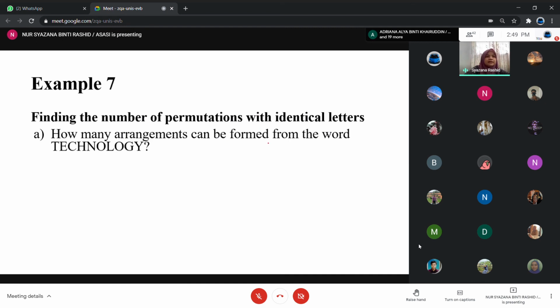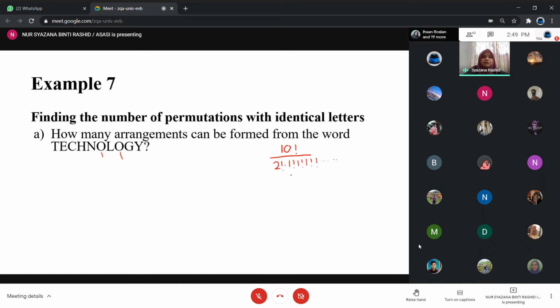Okay, n factorial, so 10 factorial, divide by, okay, mana tadi yang ada identical? O kan? Ada berapa? 2. So you will put here 2 factorial. Okay, how about the remaining? Actually the remaining, you need to put 1 factorial, 1 factorial, until 8 times. Sebab ada balance lagi 8 huruf.